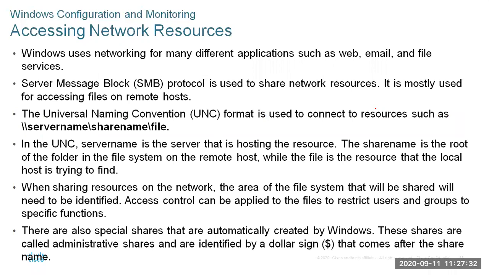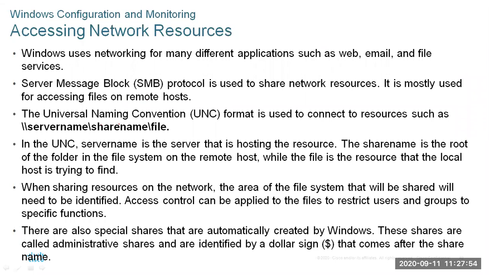Now Windows uses networking for many different applications such as web, email, file servers, and the Server Message Block protocol is used to share network resources. It is mostly used for accessing files on remote hosts.